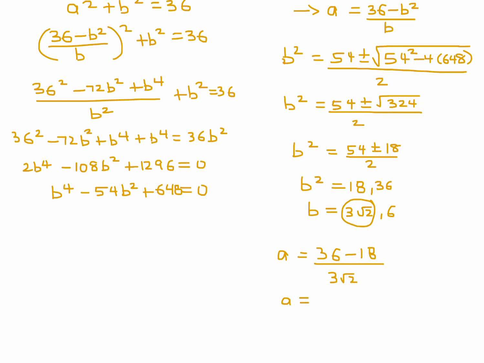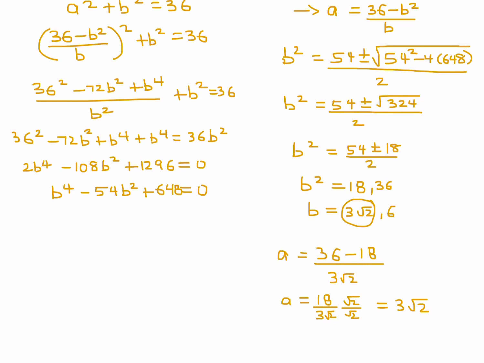So A is 18 over 3 root 2. So let's see here, multiply top and bottom by root 2. That gives me 18 root 2 divided by 6. So that's 3 root 2. Oh, A and B are equal.